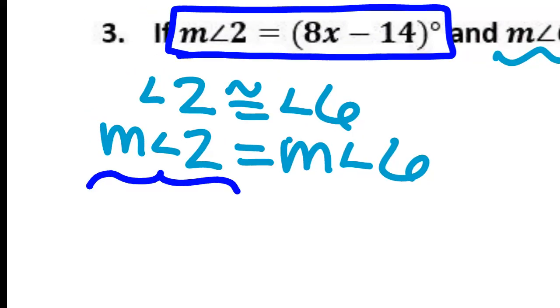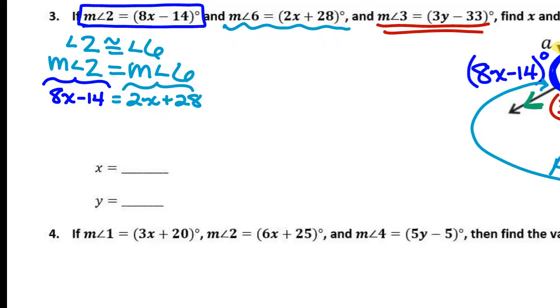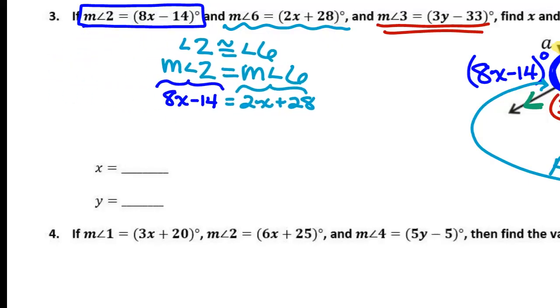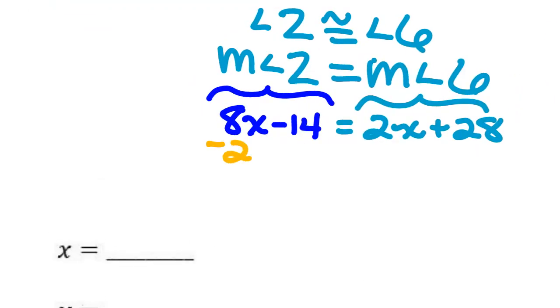So we would have 8x minus 14 equal to 2x plus 28. We want to get our x's to the same side now. How do I get my x's to the same side? Subtract 2x from both sides.